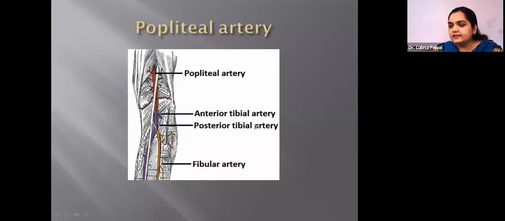And the anterior and the posterior tibial artery run in the posterior compartment. That posterior tibial artery runs in the posterior compartment just close to its origin. It originates in the popliteal fossa as a continuation of the popliteal artery. It gives the longest branch.